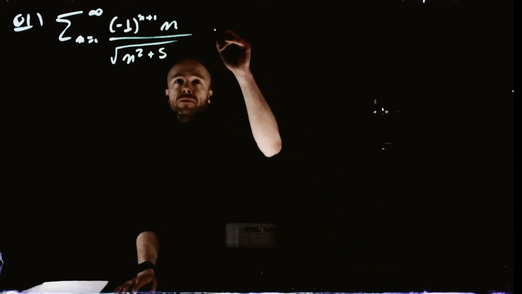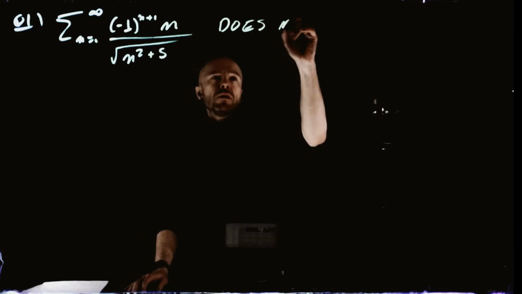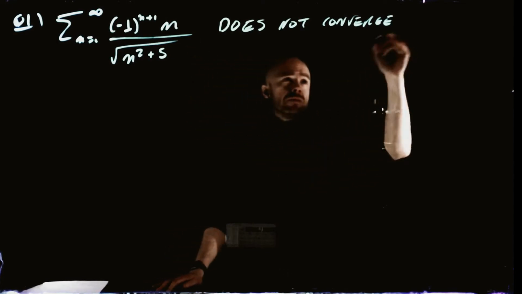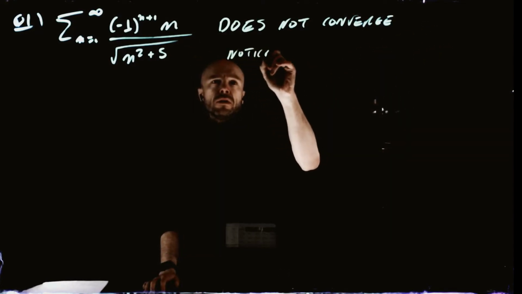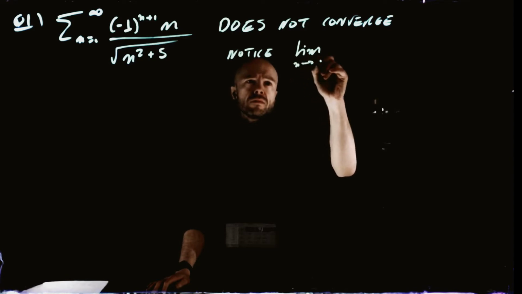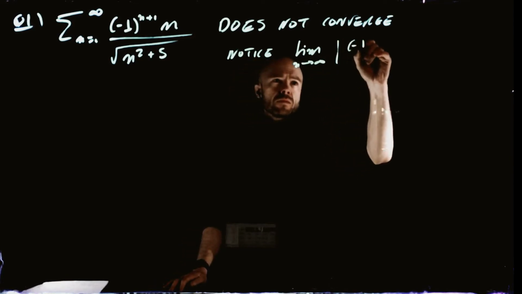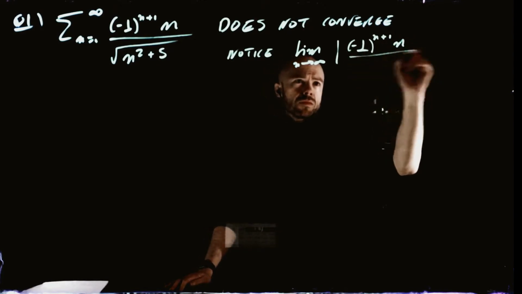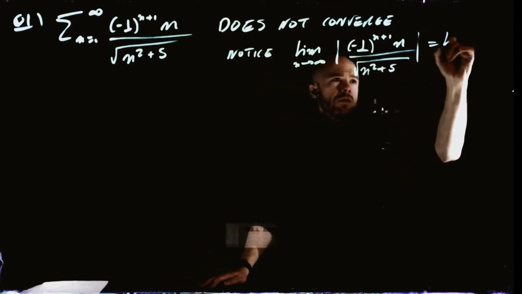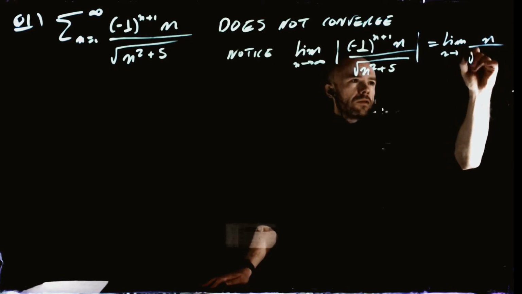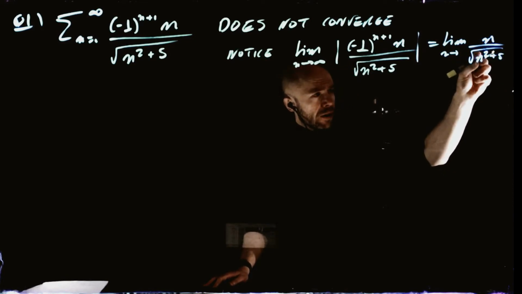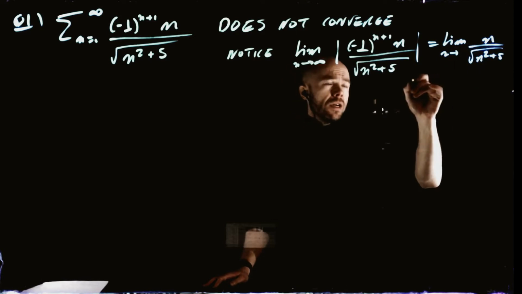Yes, so does not converge. Because if we look at these terms, if we take, for example, the absolute value of these things, it is indeed just the limit as n goes to infinity of n over the square root of n squared plus 5, and pulling out an n squared from the square root will cancel the n top and bottom, and you'll see that this thing just tends to 1.